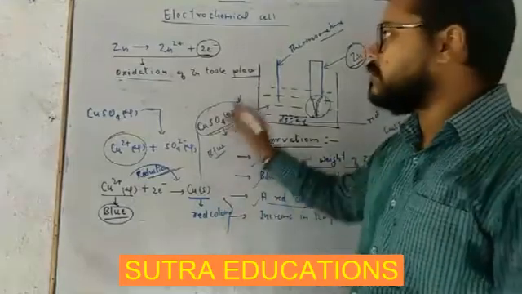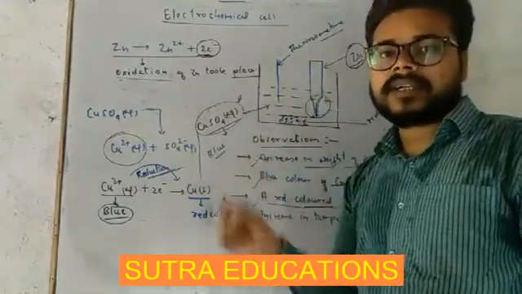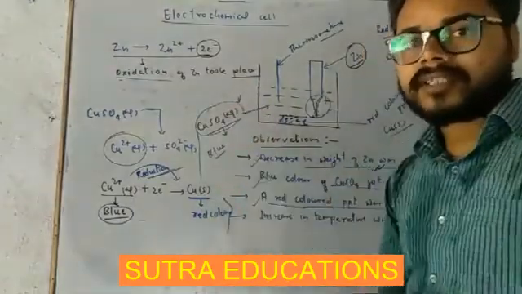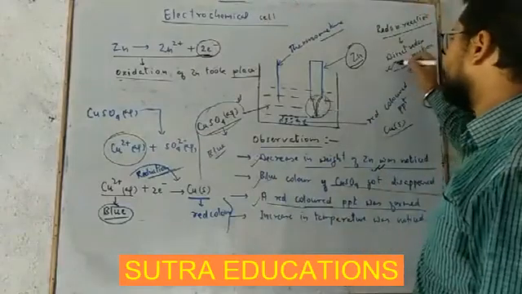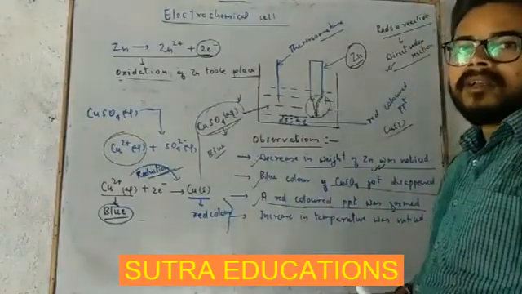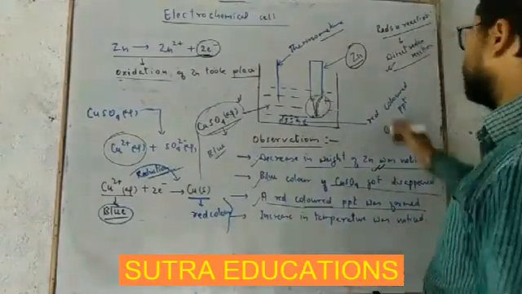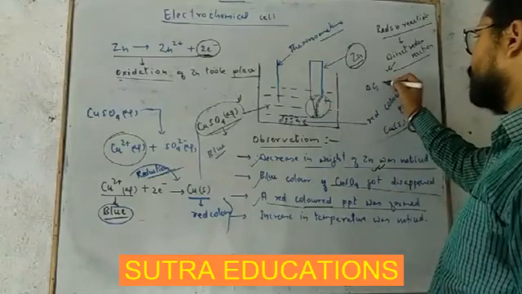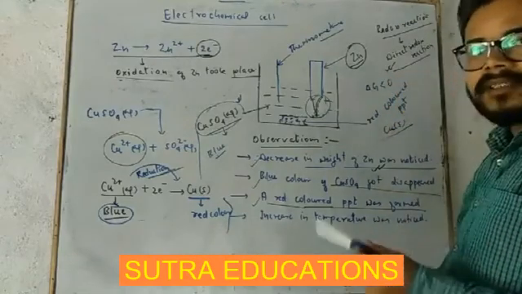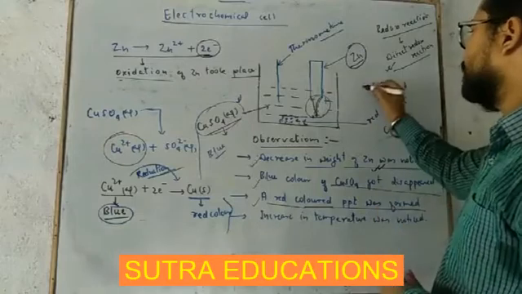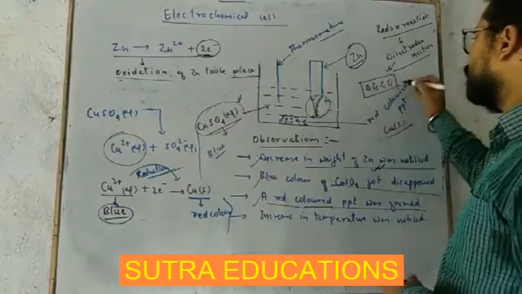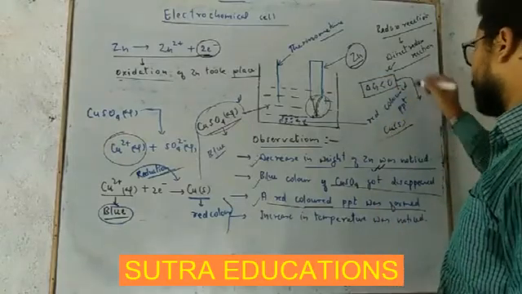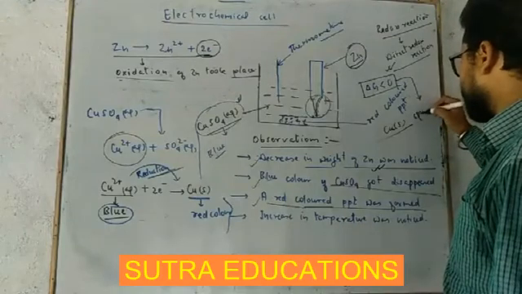So the reduction and oxidation, meaning the redox reaction taking place, is a direct redox reaction. And here delta G is less than 0, which shows the redox reaction taking place is spontaneous.